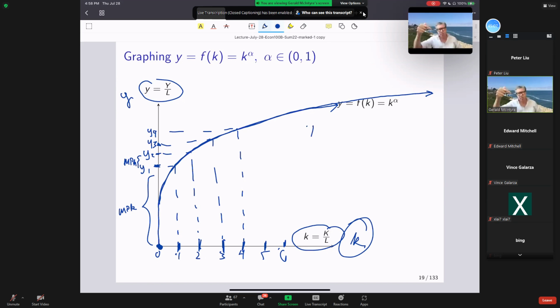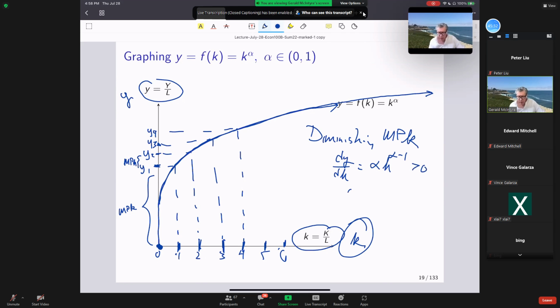So this graph now shows you the diminishing marginal product of small k. And that must mean, the derivative, not the partial derivative, it's the total derivative, of small y with respect to small k is equal to alpha k to the alpha minus 1.